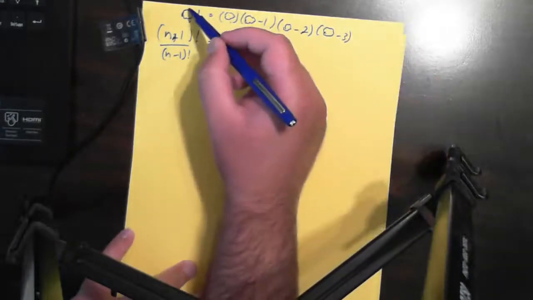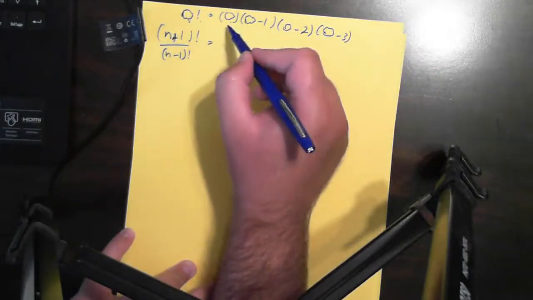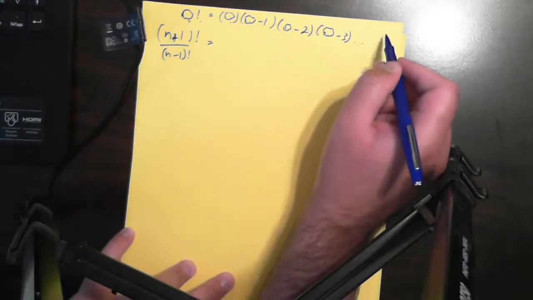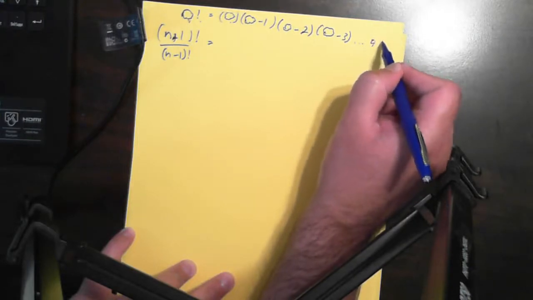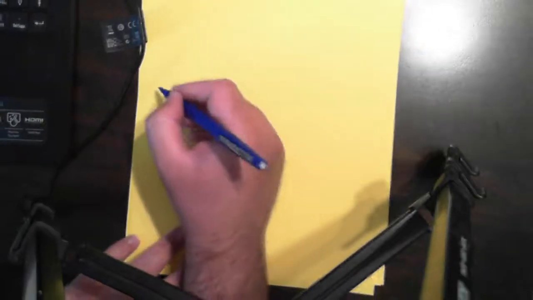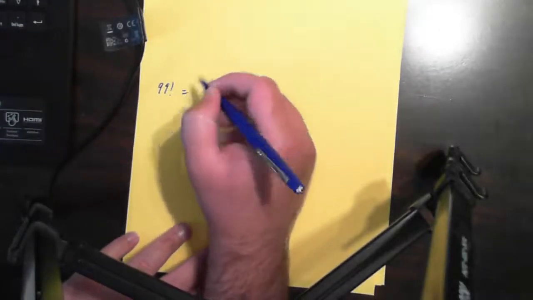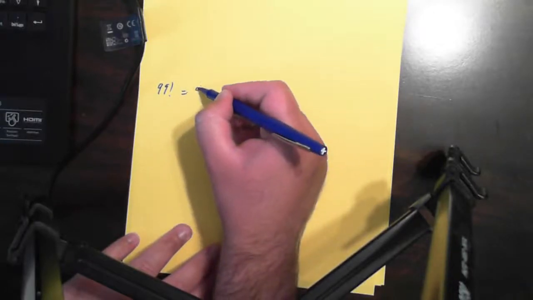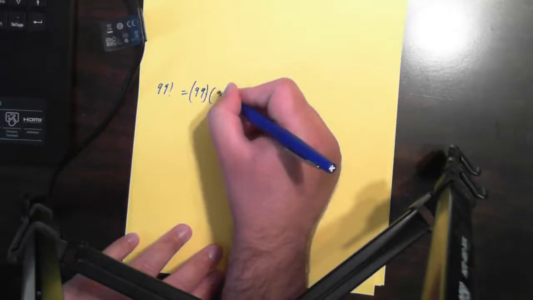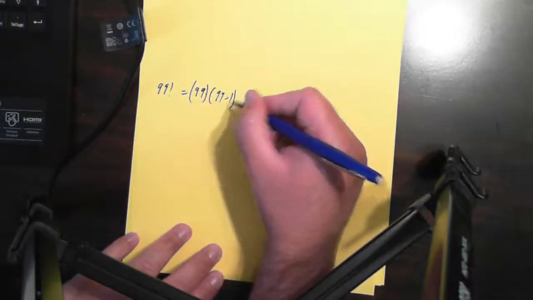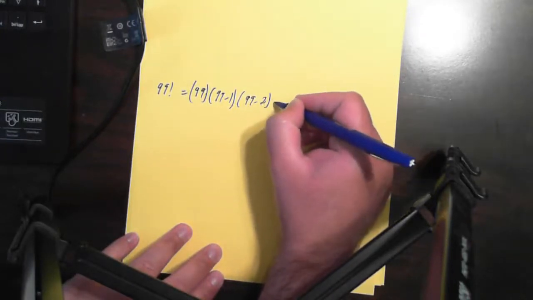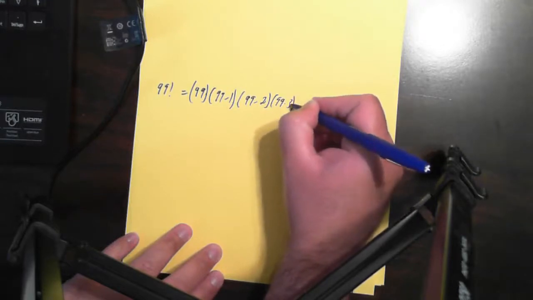And this continues. Since we don't know what this number is, we don't know how long this pattern continues, but we do know that however long it continues, I will eventually get down to 4 times 3 times 2 times 1, right? So let's say if I've got 99 factorial, well, I'm not going to write all of that, but I know that the first term is 99, the second term would be 99 minus 1, which is 98, the next term would be 99 minus 2, which is 97, and 99 minus 3 is next.